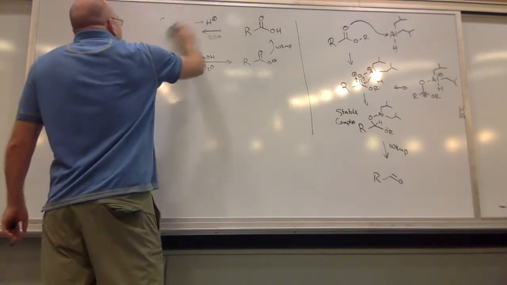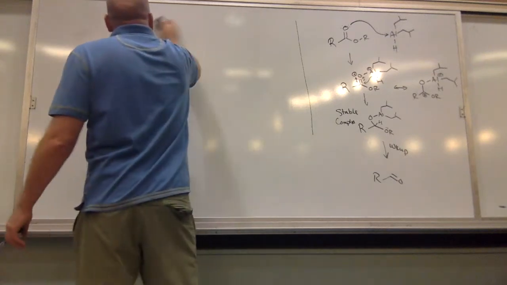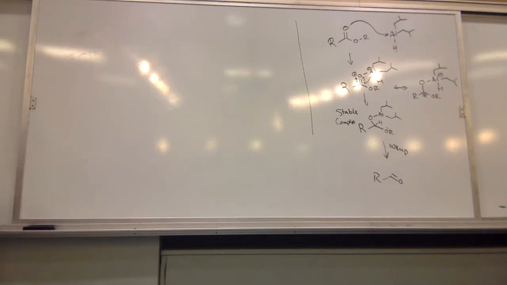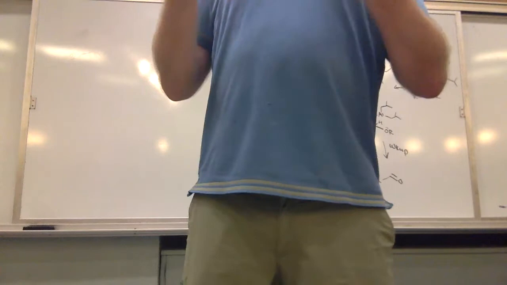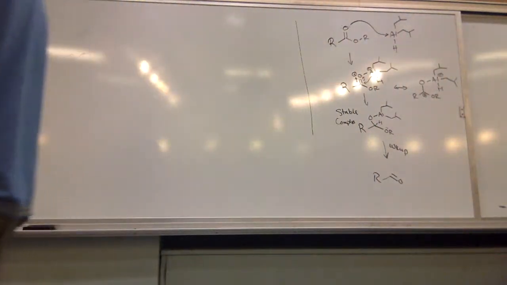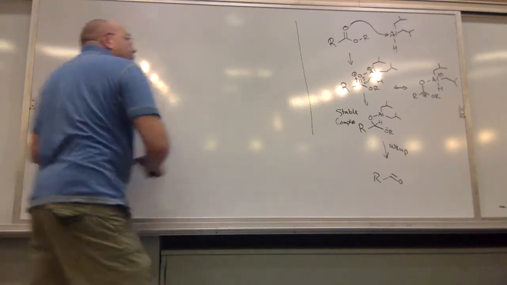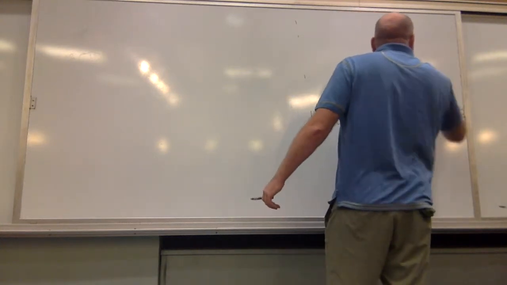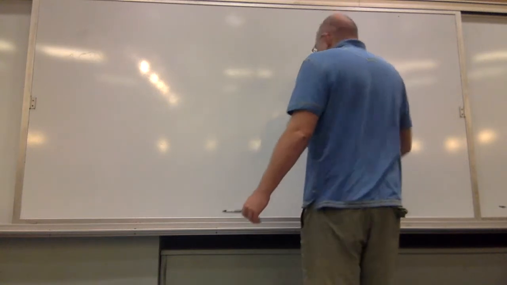The other way, as we learned and was alluded to earlier, is that halogens are obviously very convenient leaving groups, and carbonyls bearing halogens are often really good as well.